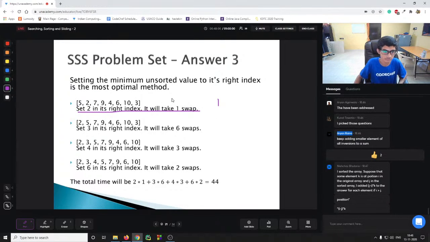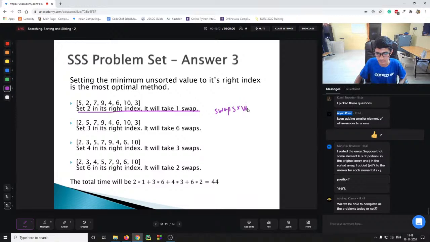So for each value, the cost is the number of swaps times the value. Set 2 in its right index. It will take one swap.